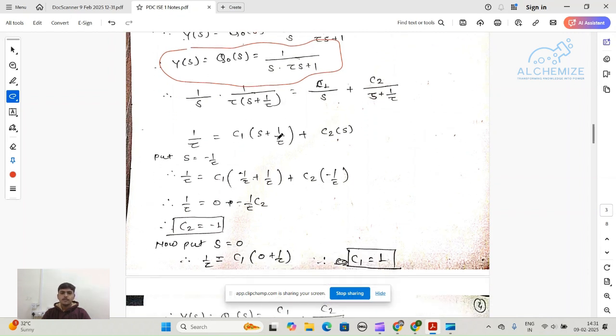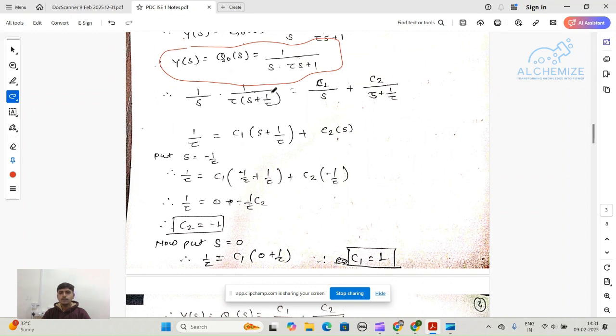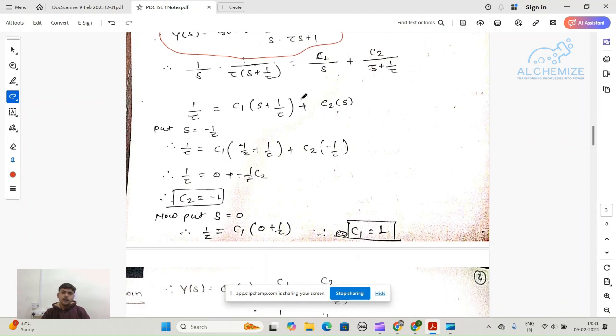For the inverse Laplace transform, here I have to use the partial fraction method. So C1 and C2 I have introduced here. So for this, the denominator term on the left side comes to the right side as a multiplier. So 1 by tau is equal to C1, and this is the equation.